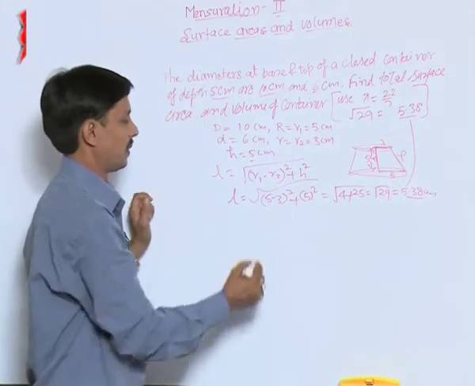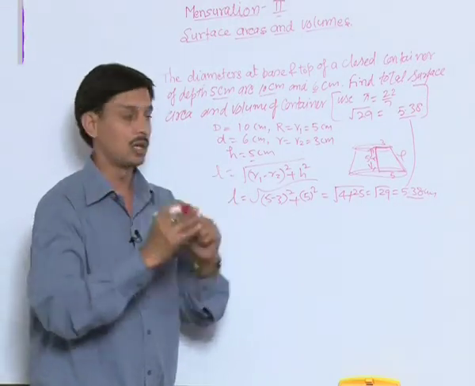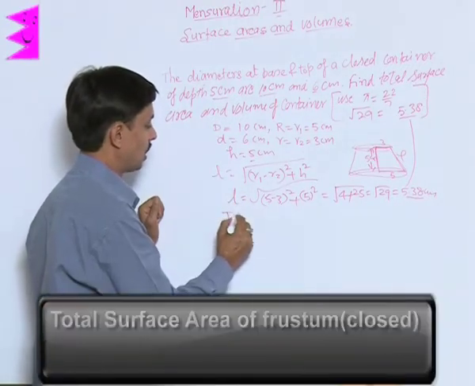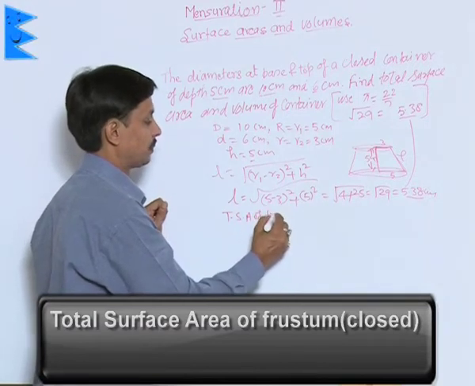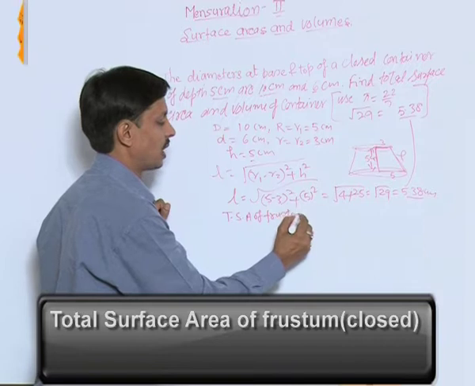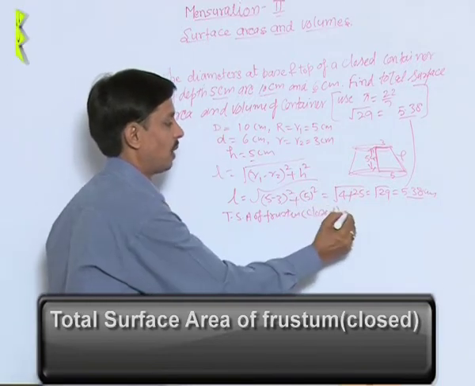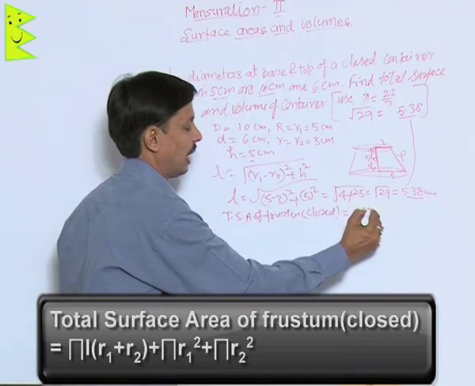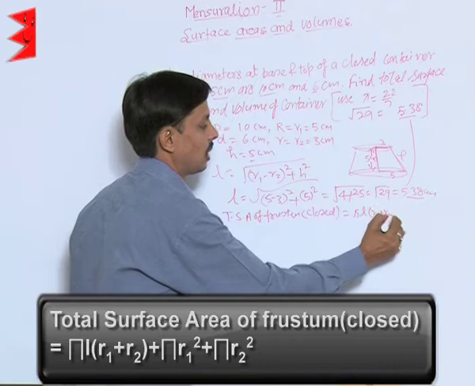Number 1. Now we want to calculate its total surface area. So the total surface area of frustum, with the condition closed from both the ends, formula is pi L (R1 plus R2).